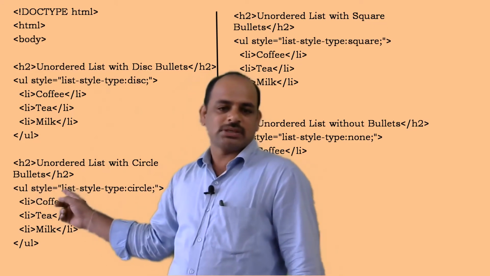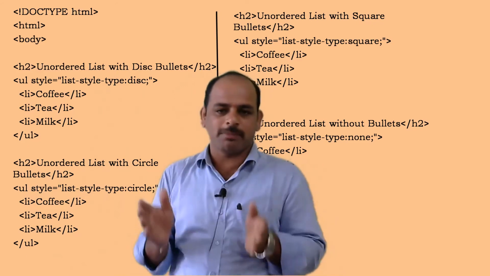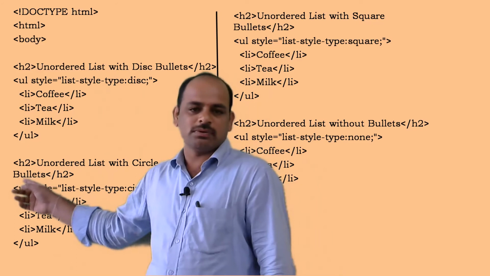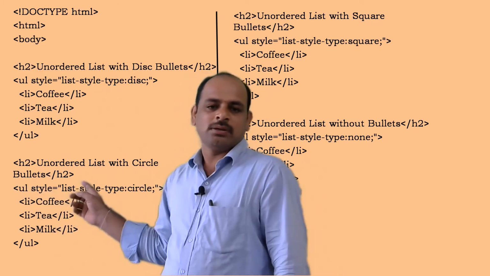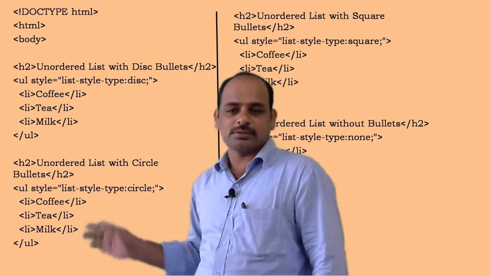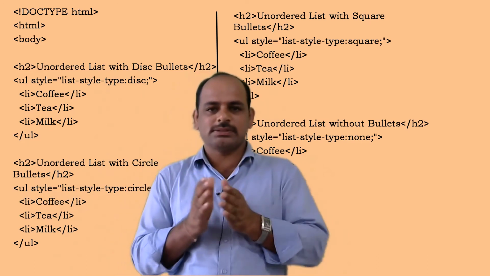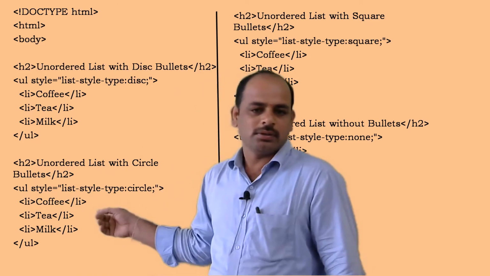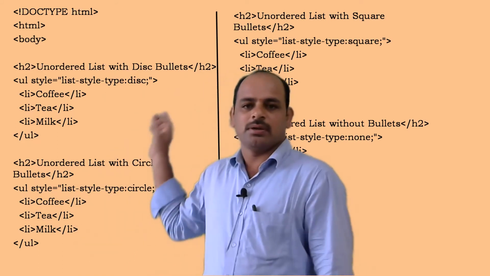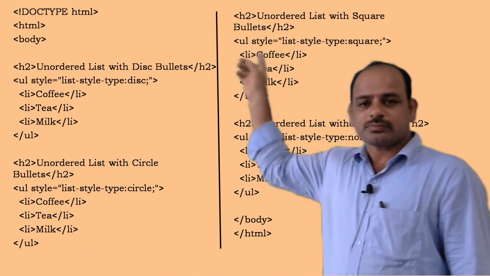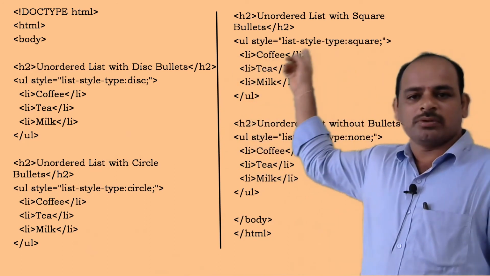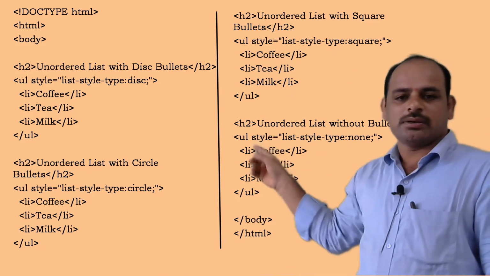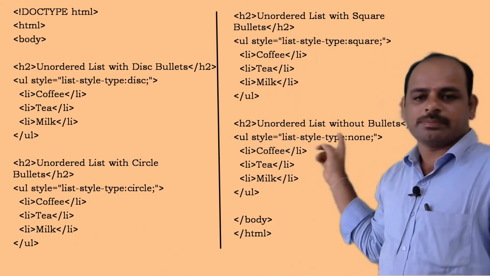Basically, every tag will have some properties, and we can also call them attributes. So the property is style, list-style-type is circle here. This property specifies the description of that particular tag, right? So again, the list coffee, tea, milk, and we can also use list-style-type equal to square: coffee, tea, milk. And here is none. So in the style attribute we are using list-style-type none here.